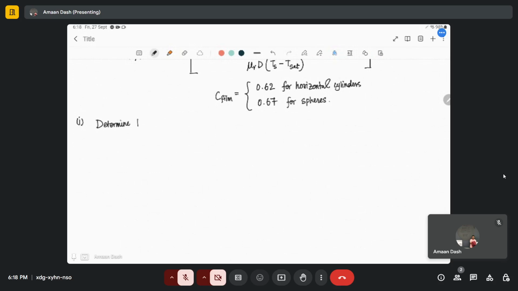Heat flux from radiation, that is q dot dot rad, from the wire to the liquid. So you can calculate the radiation per unit length of the wire.